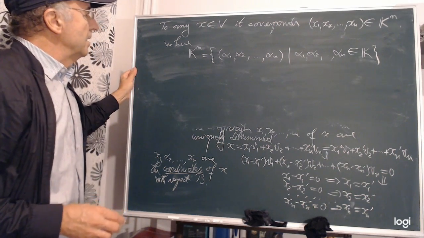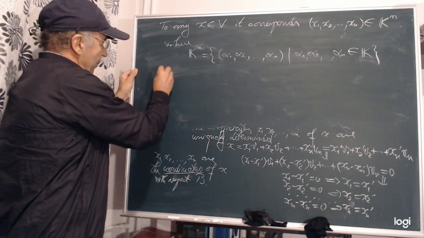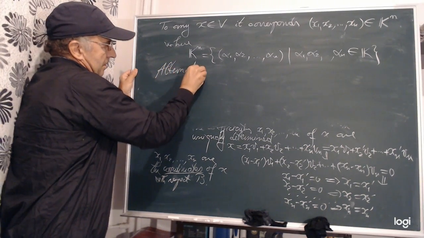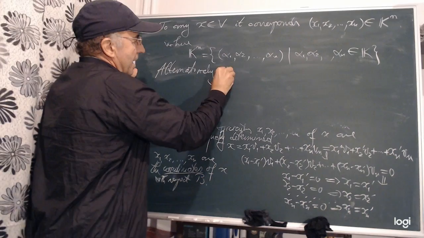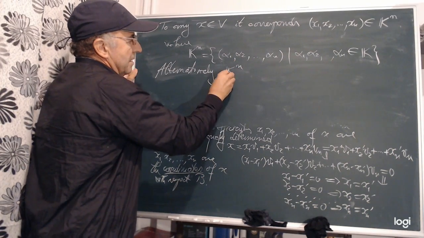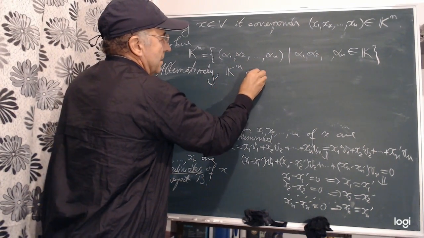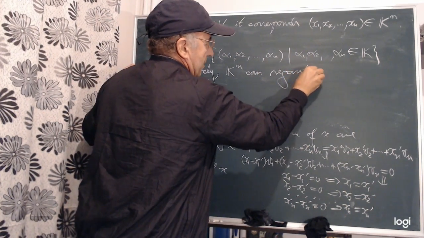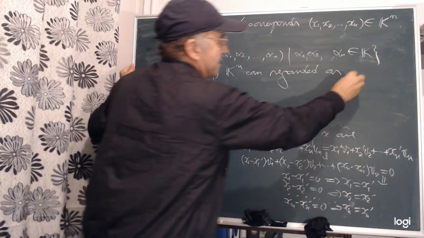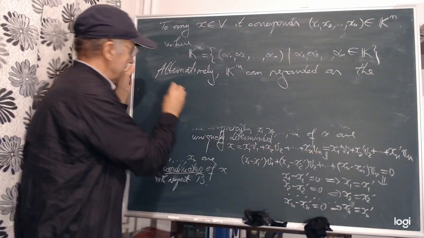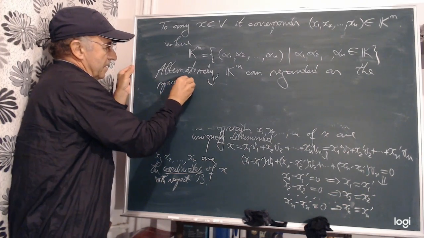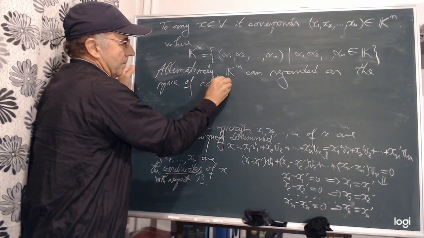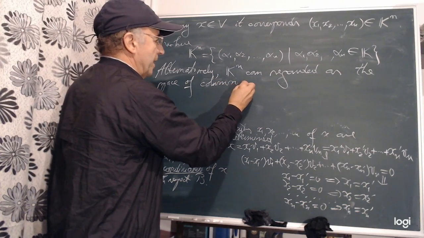Now, alternatively, the Kn can be regarded as the space of column matrices.